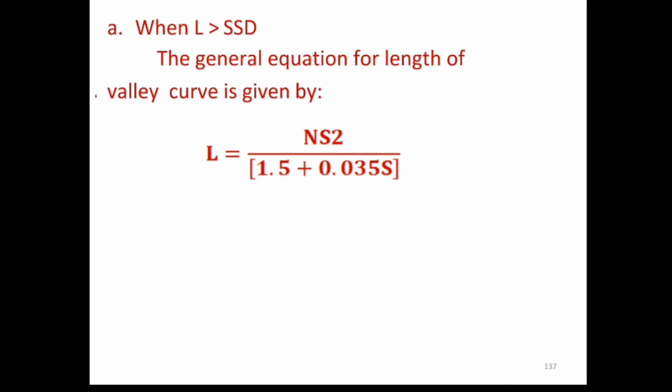N is the deviation angle, which equals N1 plus N2, with the slopes minus N1 plus N2.